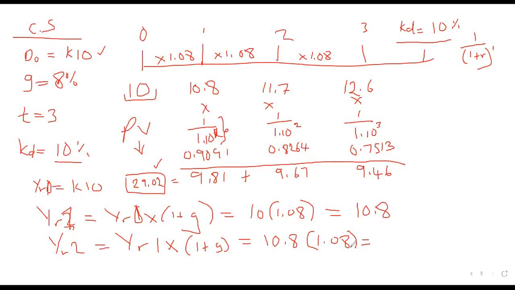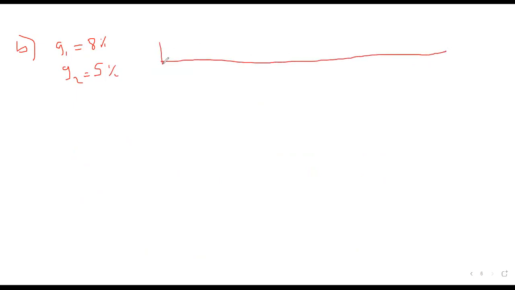Now, part B. Suppose this growth rate has dropped from the initial 8% to maybe 5%. Remember, we had this number line: 0, 1, 2, 3, then 4. So it grew in stages.